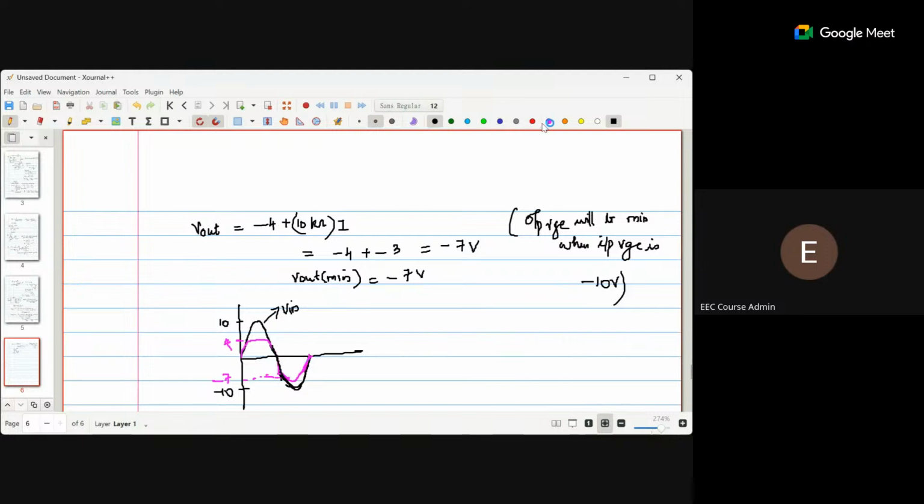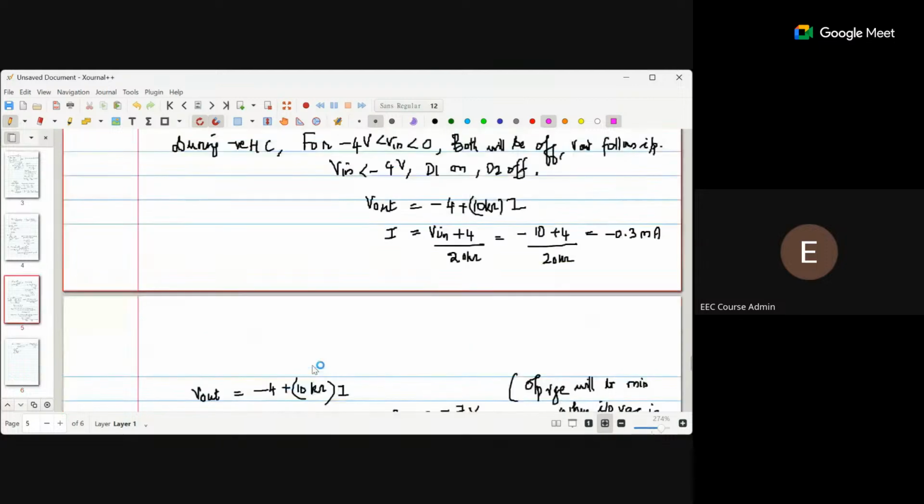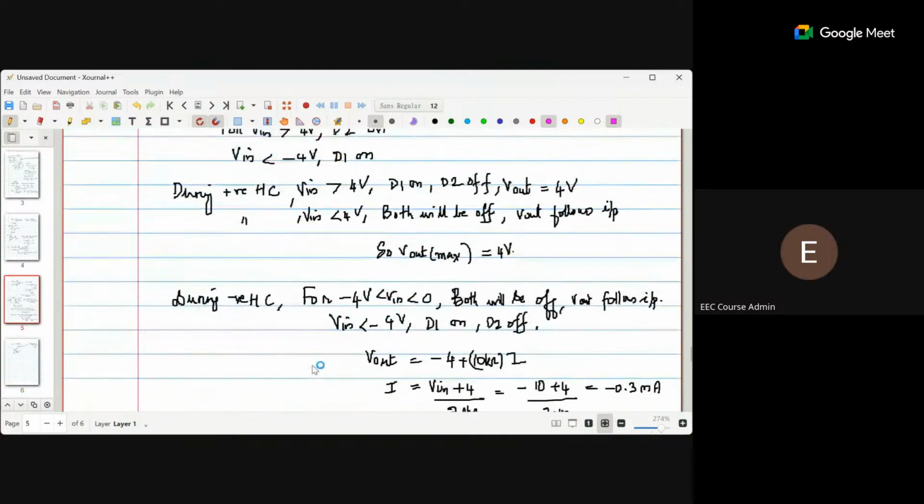Okay. Now one question on clamping we can do. Then we can move on.